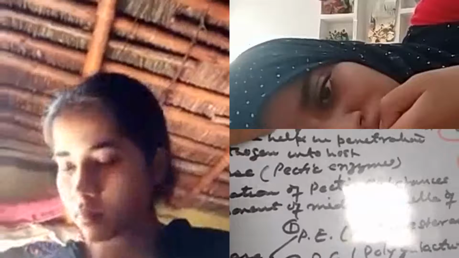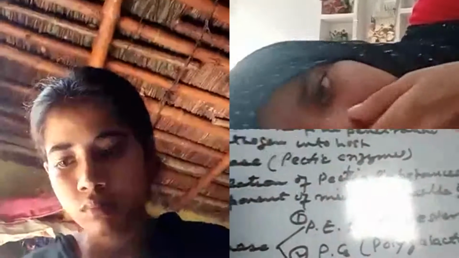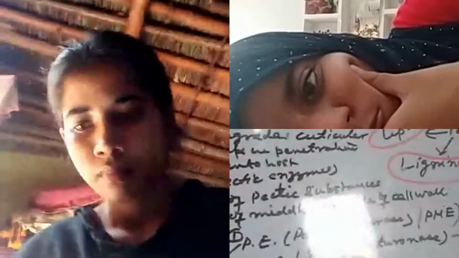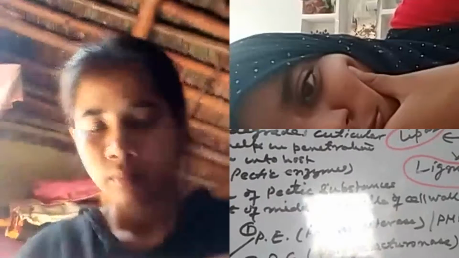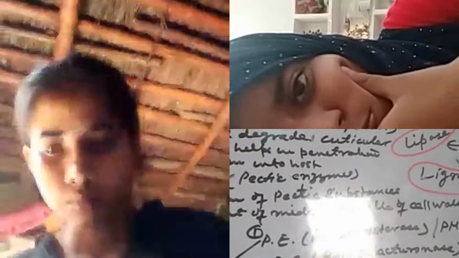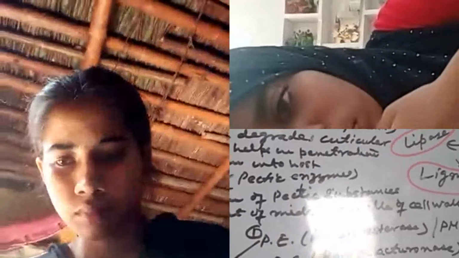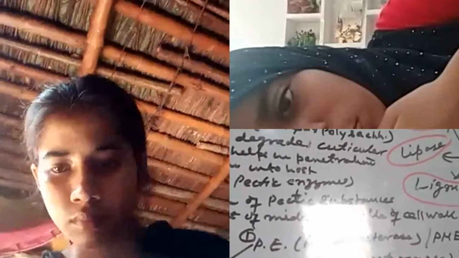This cutinase enzyme softens and degrades the cuticular layer and helps in the penetration or invasion of the pathogen into the host cell. You know that the cuticular layer is a protective layer, which is made up of cutin.